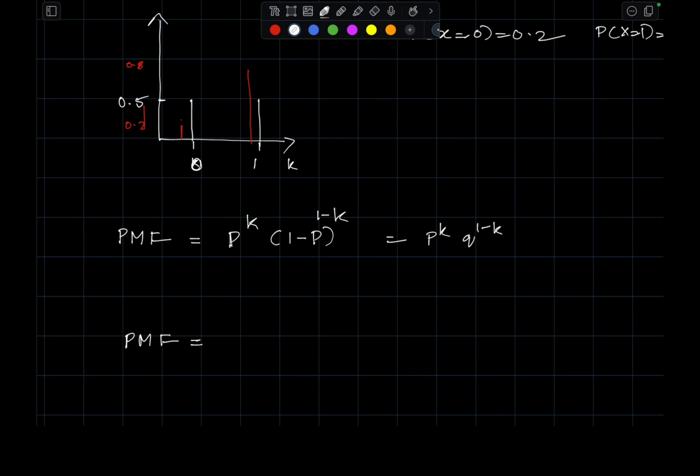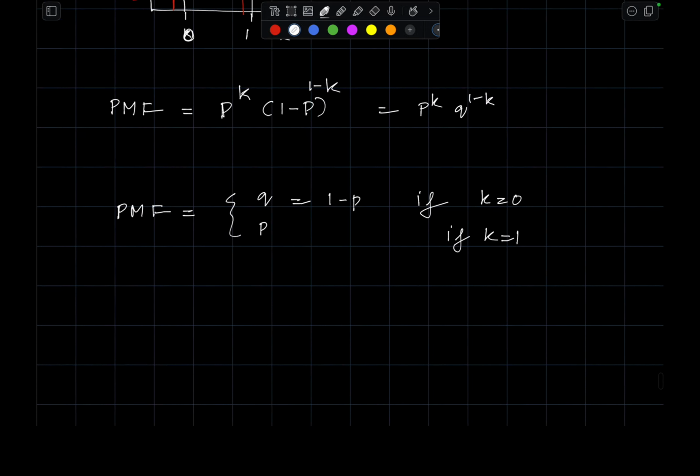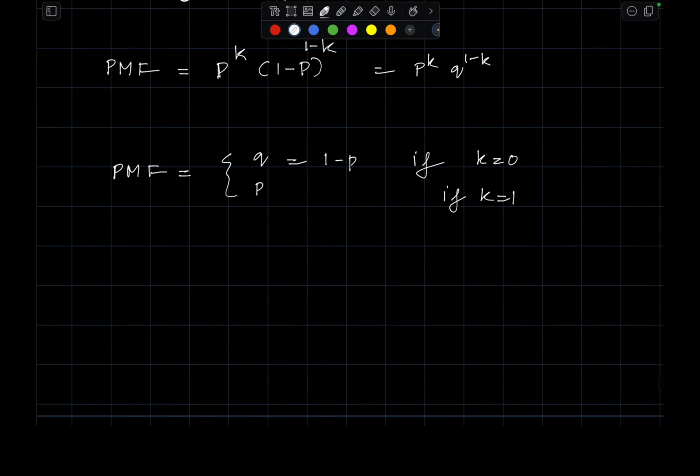In this case we can also write q equal to 1 minus p for k equal to 0, and similarly p if k equal to 1, by simply putting the values as we have over here.